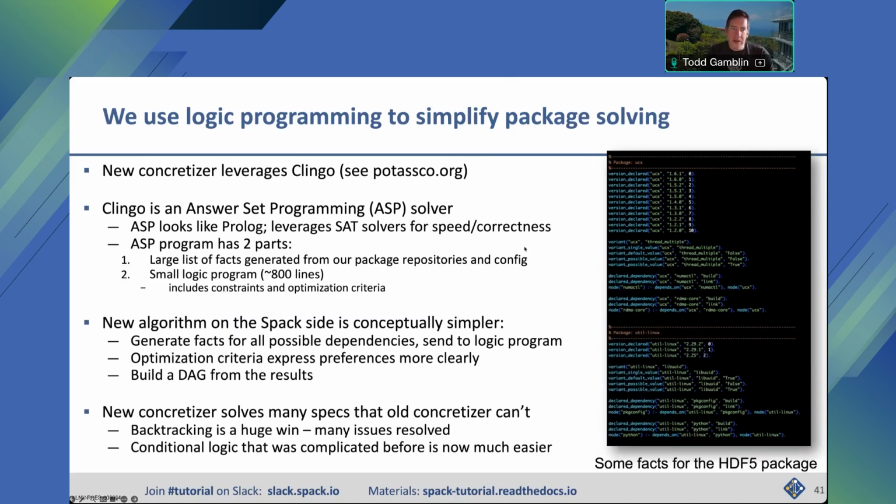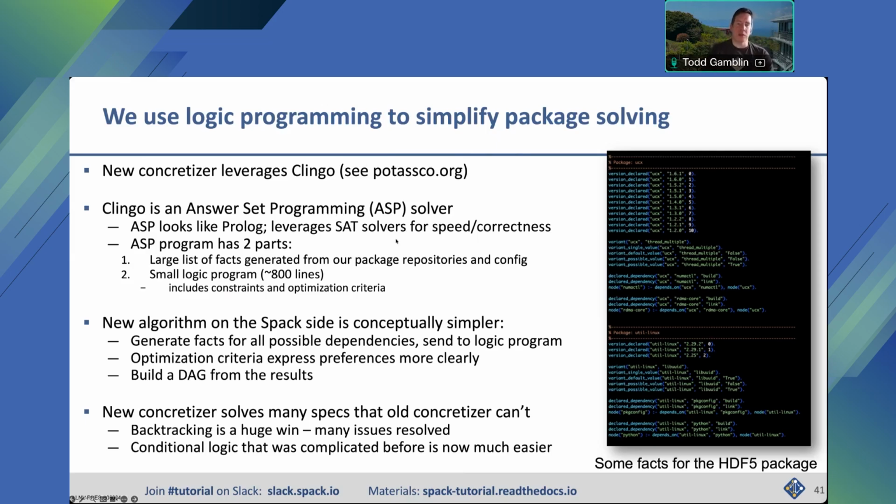It's also good at multi-objective optimization, which is something that we do to ensure that we pick, say, the most recent possible version or the most preferred version for a package, the defaults for different variants, and so on. So it's a very capable solver, and it improved the maintainability of some of these more complicated configuration options that we have in Spack. And so we rewrote our original Python concretizer in ASP to get completeness.